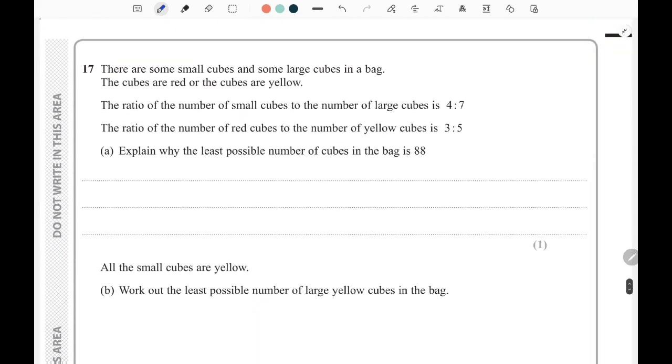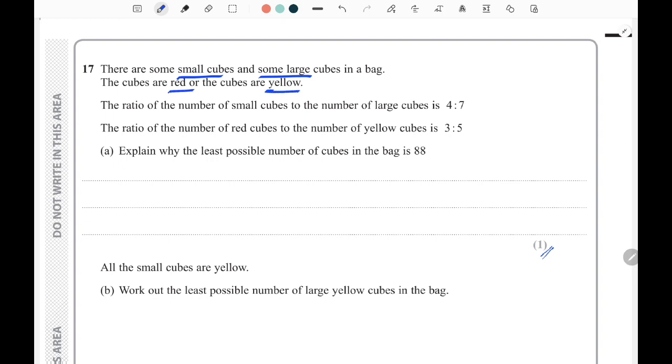Number 17, all right? This one is perhaps not as bad as it looks. There's one little trick here we need to understand. And look at this, it's only 1 mark for all that reading and writing, I suppose. Okay, small cubes and large cubes, and then the cubes themselves are split up into reds and yellows.